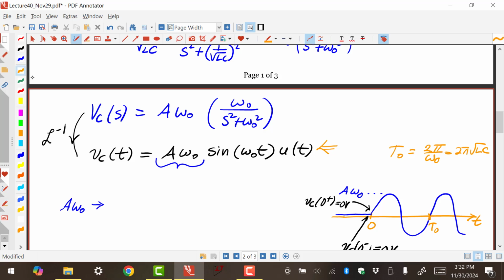You have volts times seconds. And omega naught is radians per second. So as far as units, it's per second. Radians is just a number. It's not a unit. So this, in fact, is volts.